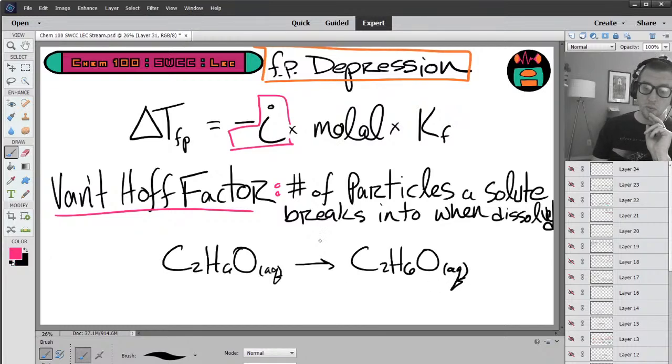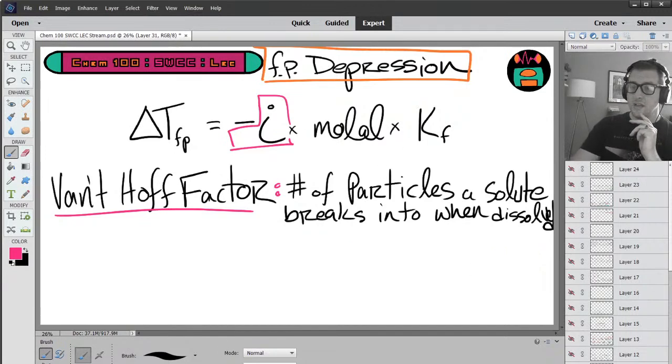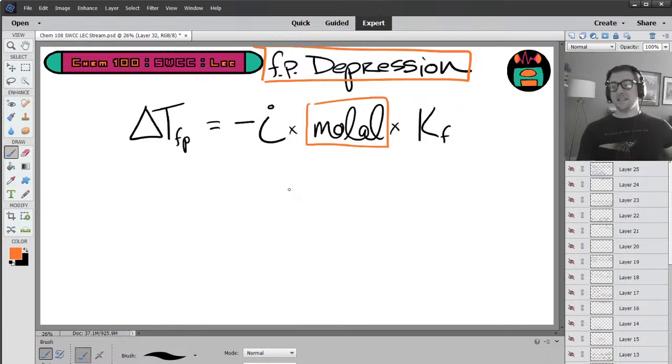And so because there's only 1 particle in solution, aqueous ethanol has a Vant-Hoff factor of 1. Okay, so however many particles your thing breaks into, that's your Vant-Hoff factor. Your aqueous ionic compounds break into all their anions and cations. Covalent compounds don't break at all. So that is the Vant-Hoff factor, leaving only this mysterious quantity, which I have written out as molal.